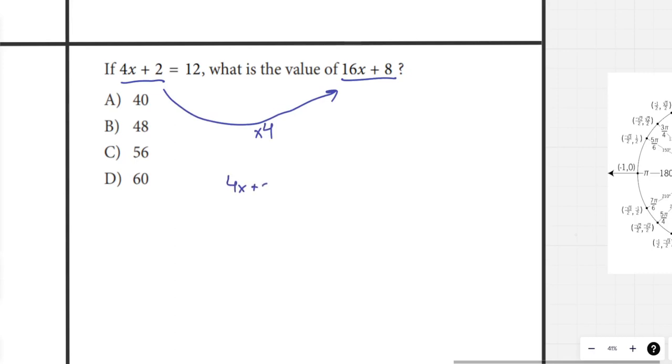So 4x plus 2 equals 12. If we multiply this whole thing by 4, we're going to get 16x plus 8 equals 48. So that's a quick trick that skips you having to solve for x and substituting it back into the second equation, where you could just note the structure of both equations and convert from the first one to the second one.